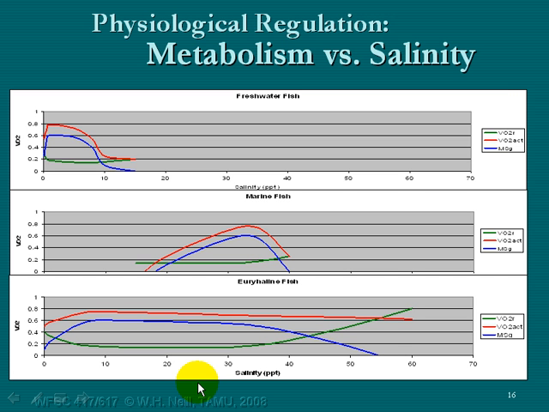And then the blue is the difference between the two, and that's the metabolic scope. So what this says is that freshwater fish have a relationship between standard metabolic rate and salinity that probably reaches its minimum near the isoosmotic point.